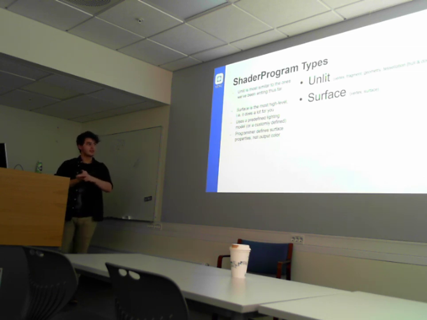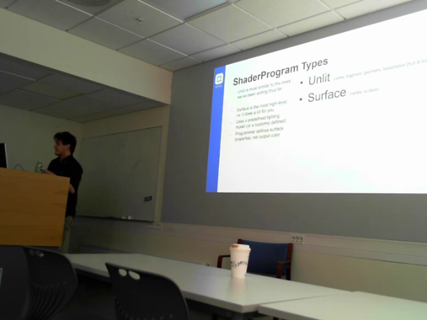You can use a predefined lighting model, or you can define your custom one, so it's flexible in that way. Lastly, that means you don't specify the color that is outputted onto your screen, but rather the surface properties, hence the name surface. The surface shader only has 2 stages, which is the vertex and the surface shader. We'll look at both of these later on.